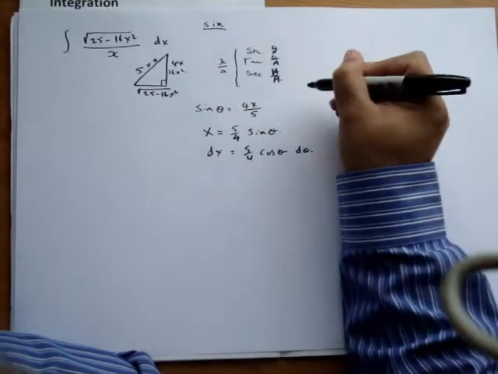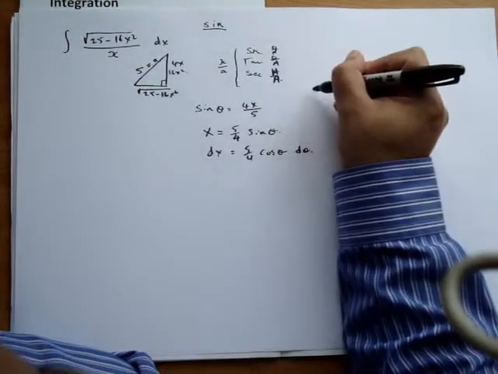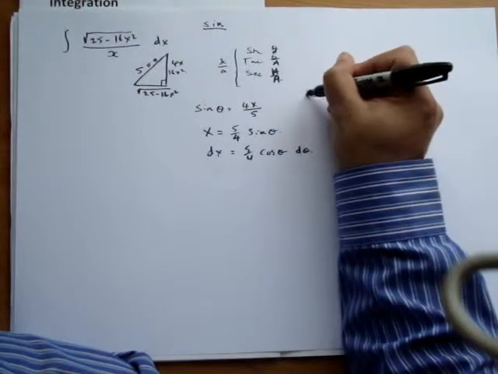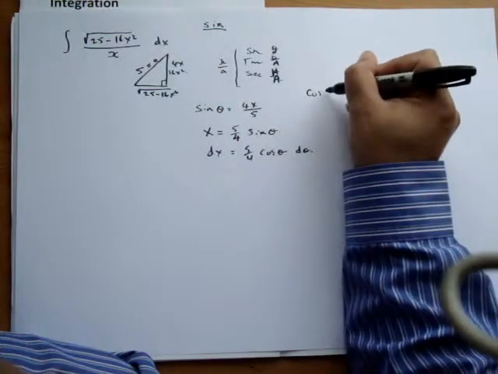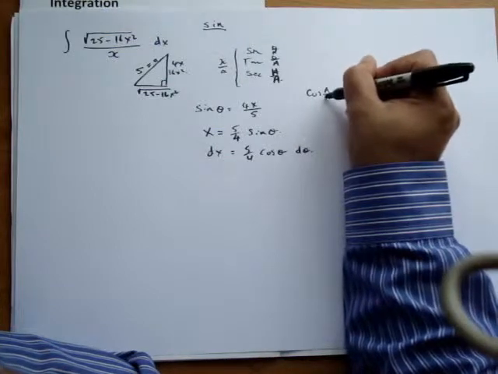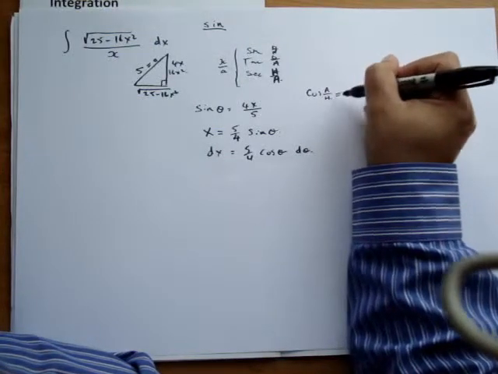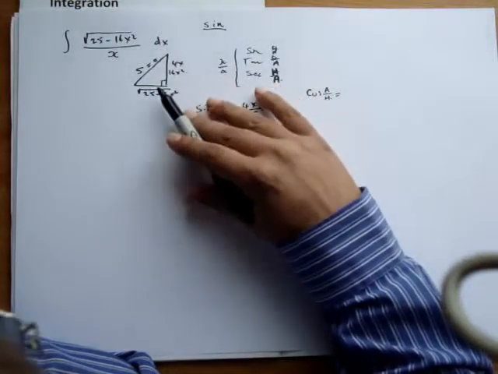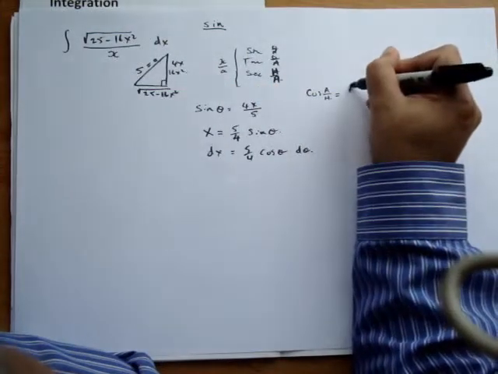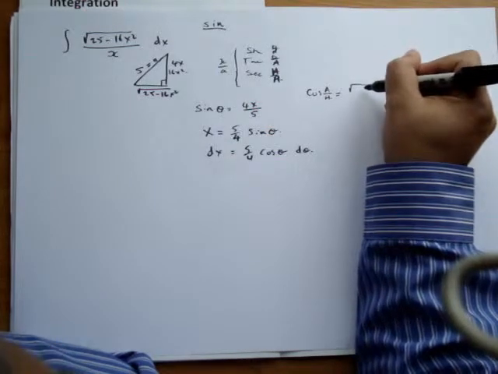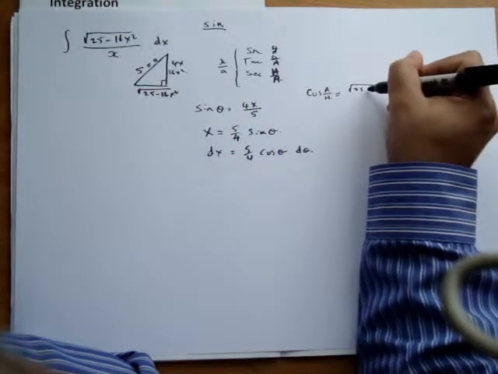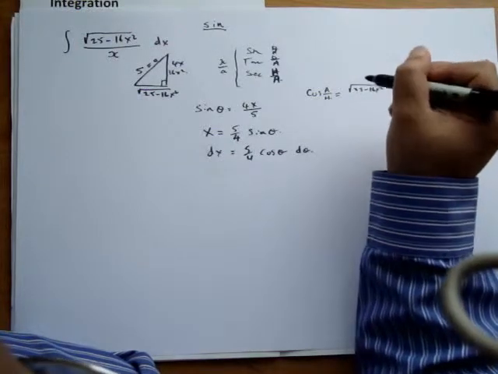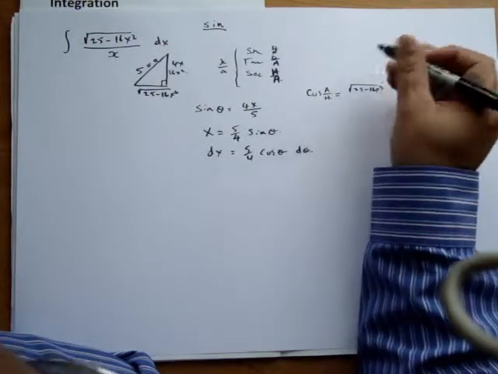Another value we can look at in this case is cos. Now that we've got the triangle, cos is adjacent over hypotenuse, and the adjacent side is the square root value, so that's the square root of 25 minus 16x squared, and the hypotenuse is 5.